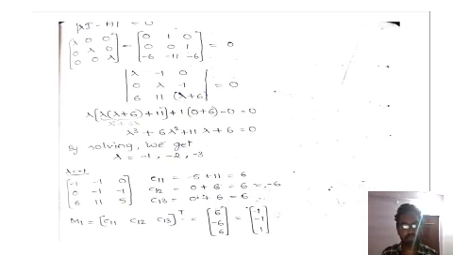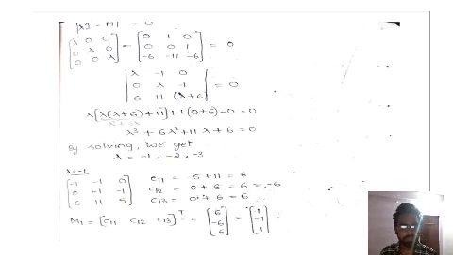And next lambda cube plus 6 lambda square plus 11 lambda plus 6 equal to 0. By multiplying we get this equation, and by solving we get lambda equal to minus 1, minus 2, minus 3.